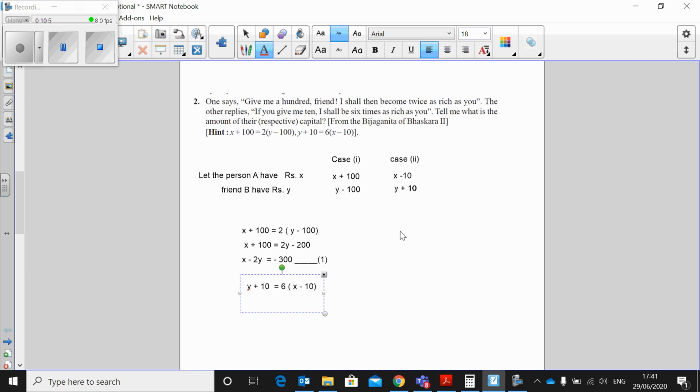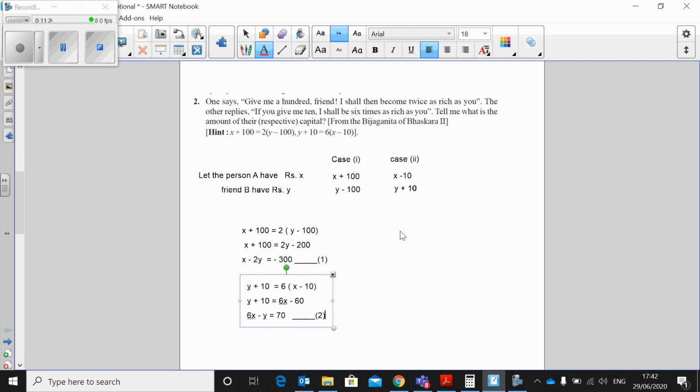Again reduce it to the simplest form. Only framing the equation needs a little thinking, after that it is nothing. Just multiply and bring it to the standard form. Then it will become 6x minus y, which is equal to 70. This is equation number 2.